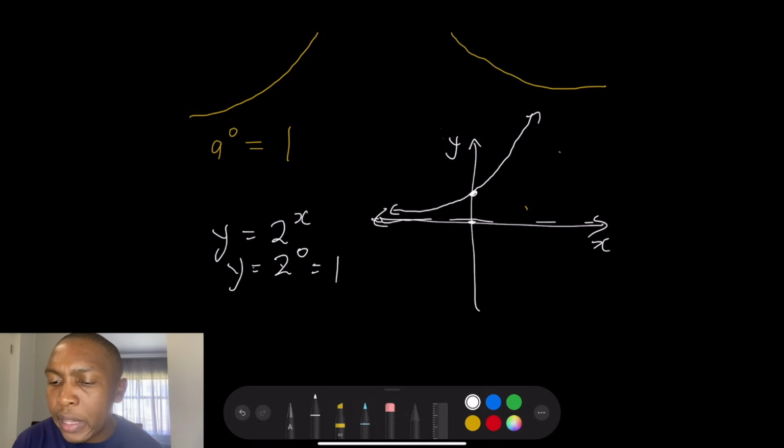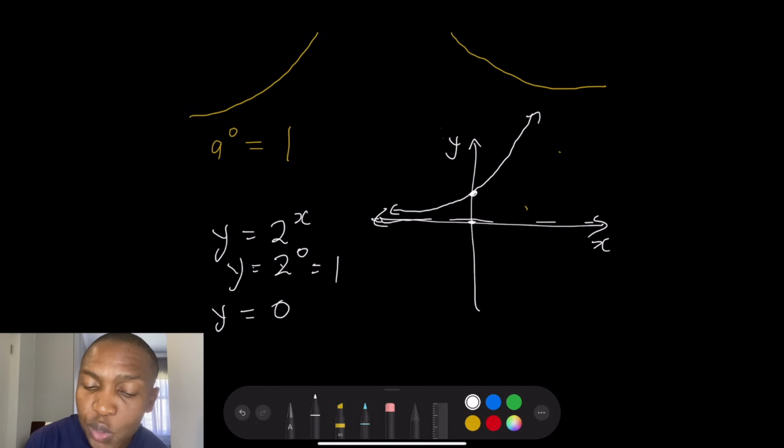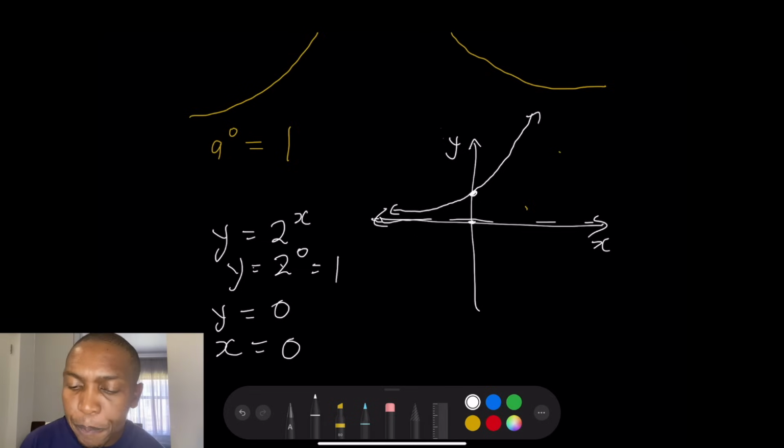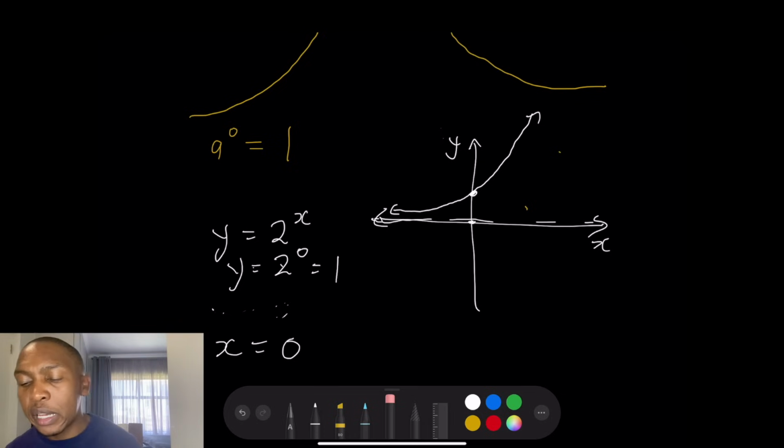So the horizontal asymptote in this case becomes, or rather, I said horizontal asymptote but I'm writing y, it becomes y = 0. So it means that the graph will never cross that line.